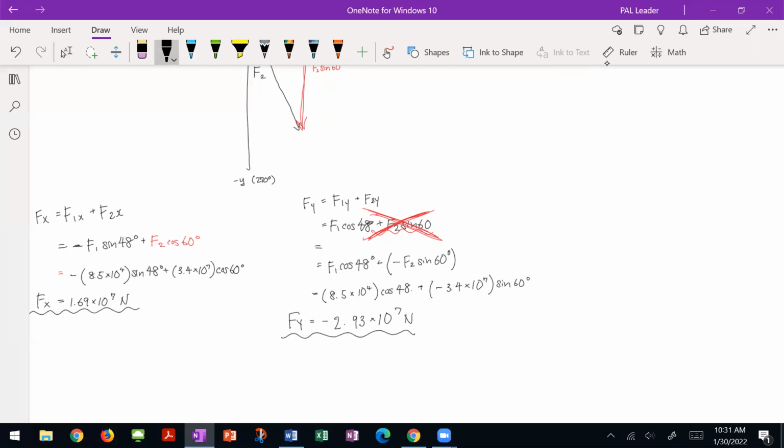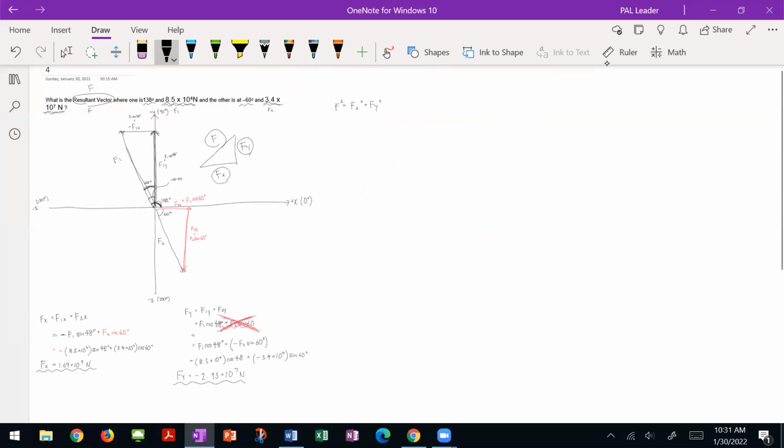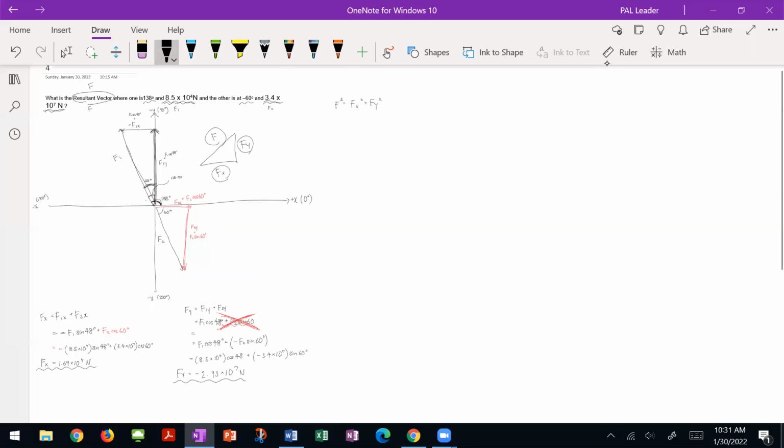I'm just going to check if these seem to make sense. So I have an xy coordinate. We start from the origin. We have F1 going right here, but then we go negative 60, which is like here. So maybe our final force looks something like this.